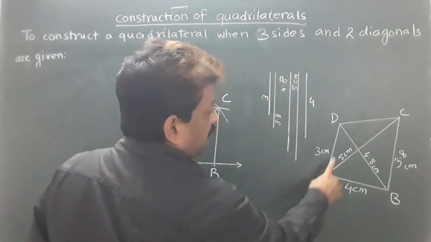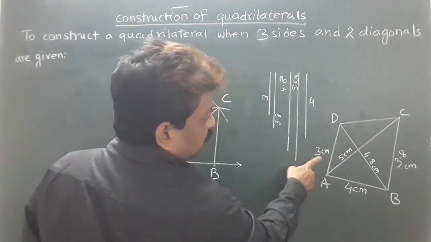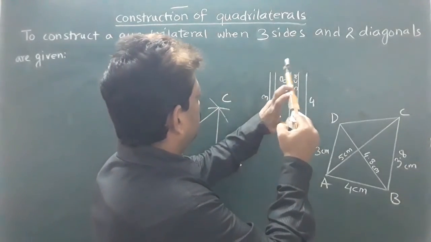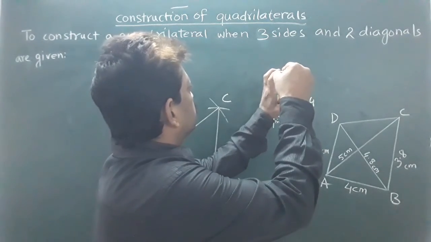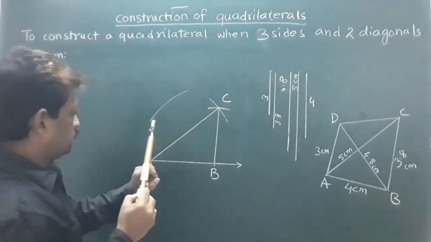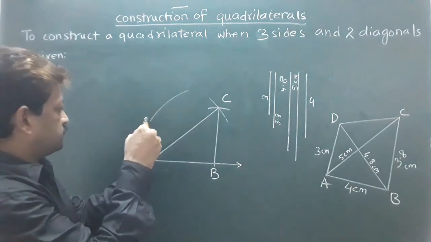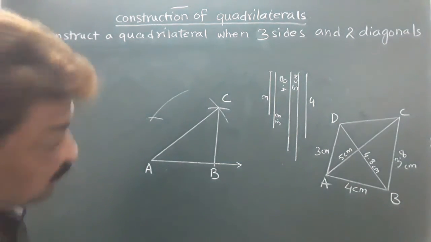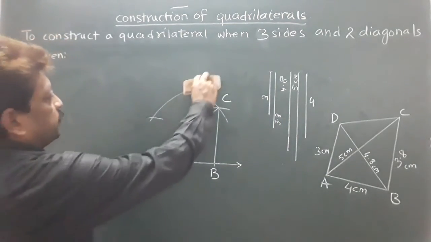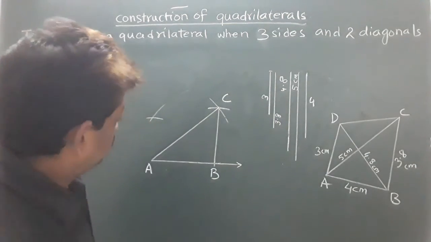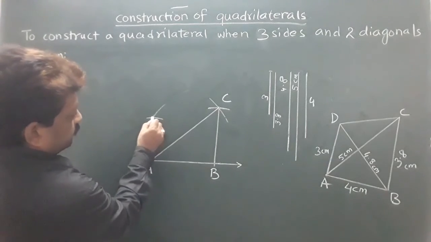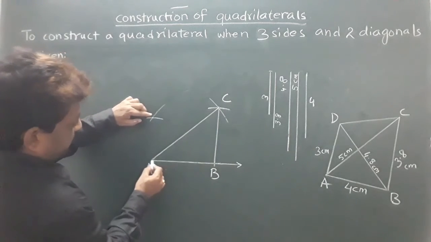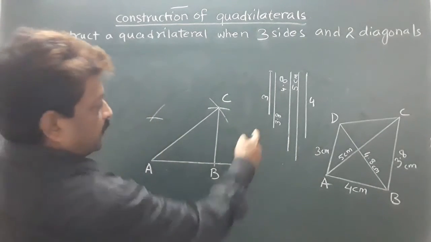Now from A I have to draw another arc whose radius is 3 centimeter. So this is the length 3 centimeter. Therefore, both the arcs meet at the point D. The length of this point from B is 4.8 and the length of this point from A is 3.